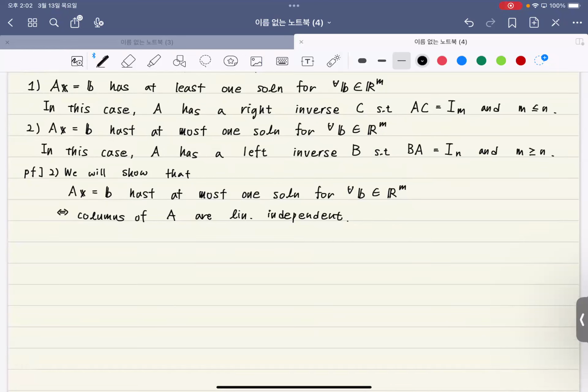Which side is easier? I guess both directions are easy. So I will prove the if part first.